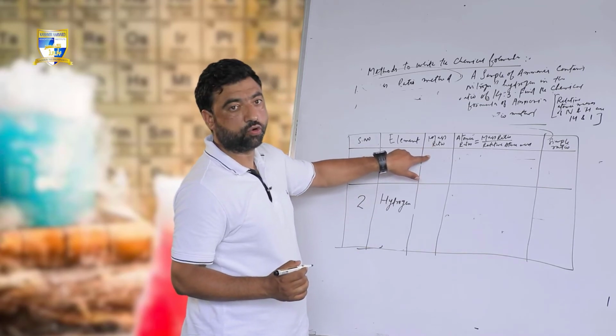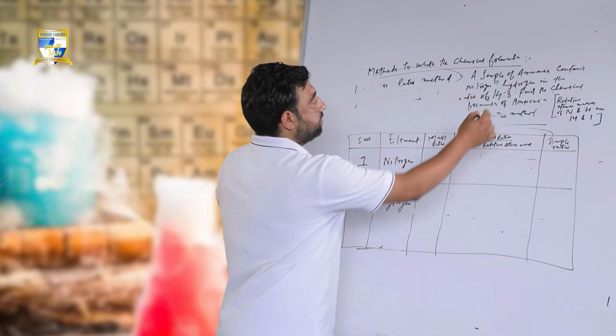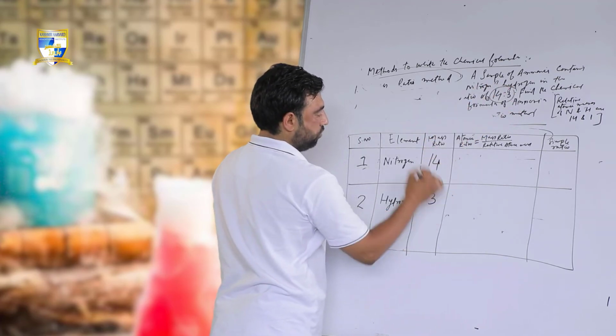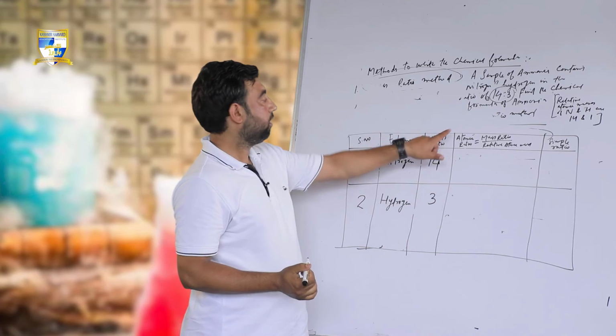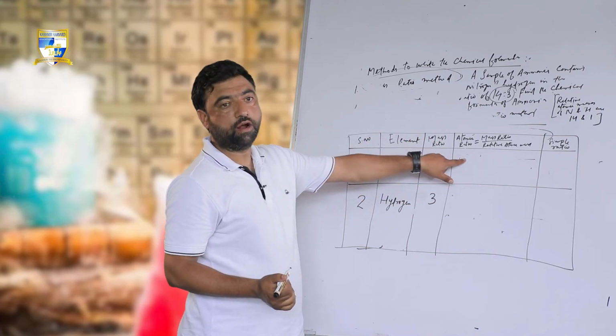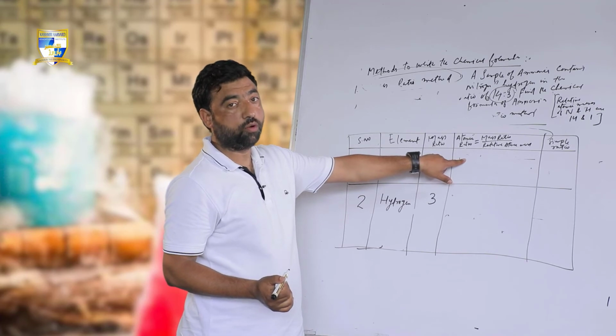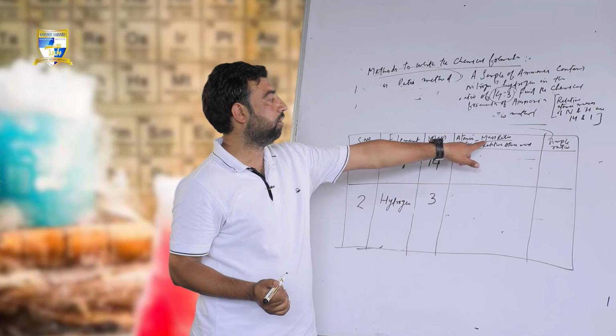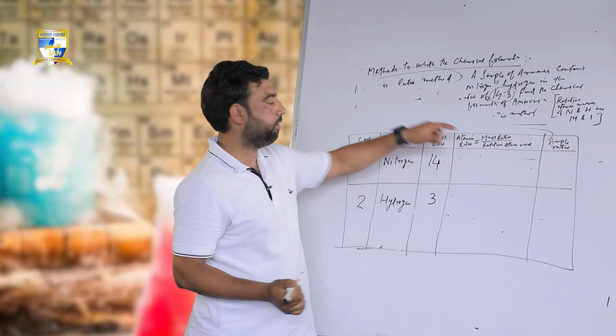Second, mass ratio. Collect the mass ratio. The mass ratio is given, 14 is to 3. After collecting the mass ratio, what do we have to do? We have to find out the atomic ratio. And how to find the atomic ratio? We know that atomic ratio is equivalent to mass ratio by relative atomic mass.